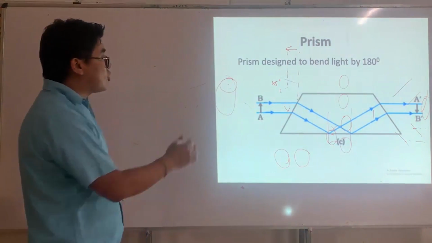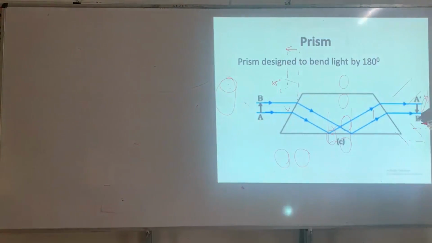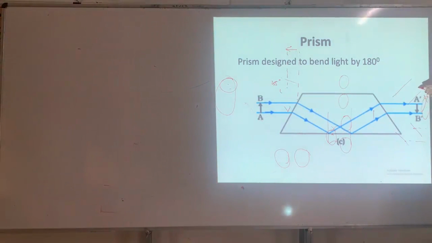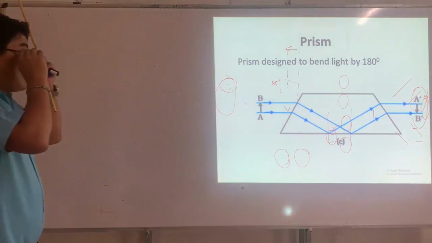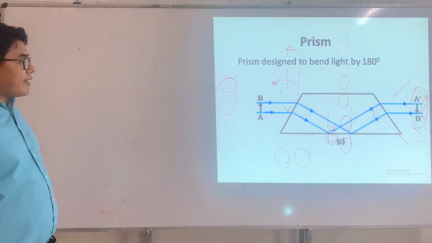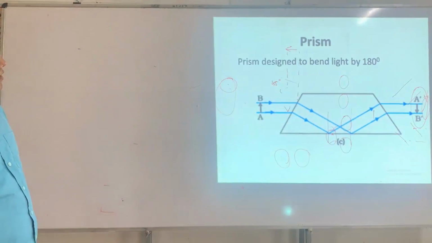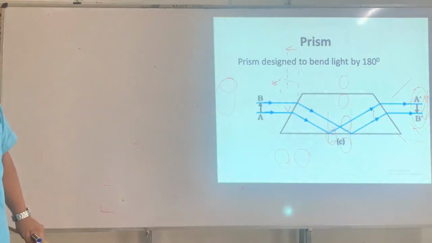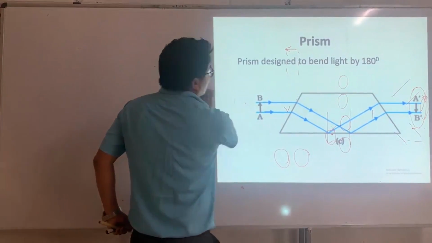So if I put eye here, you could see the object, which is inverted. This is going to be the image. Alright, these are the different images formed because of total internal reflections when you allow a light to pass through a prism.